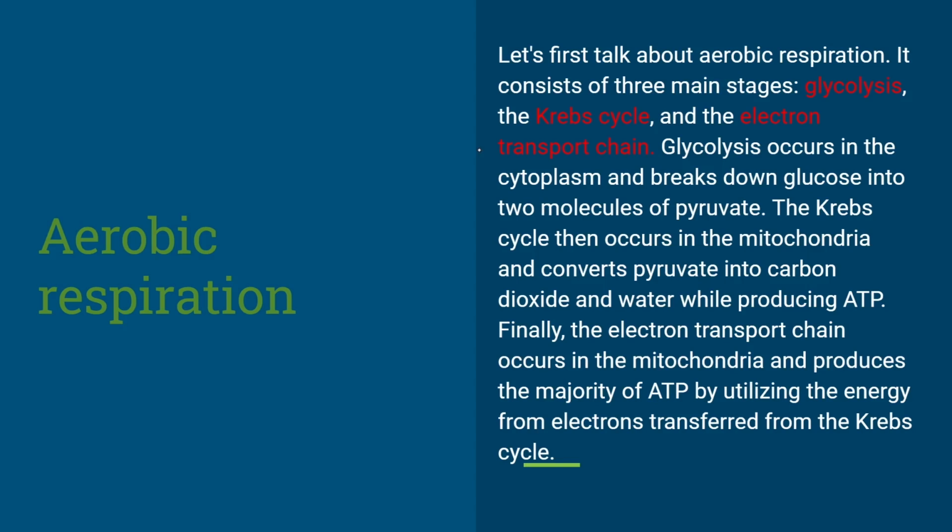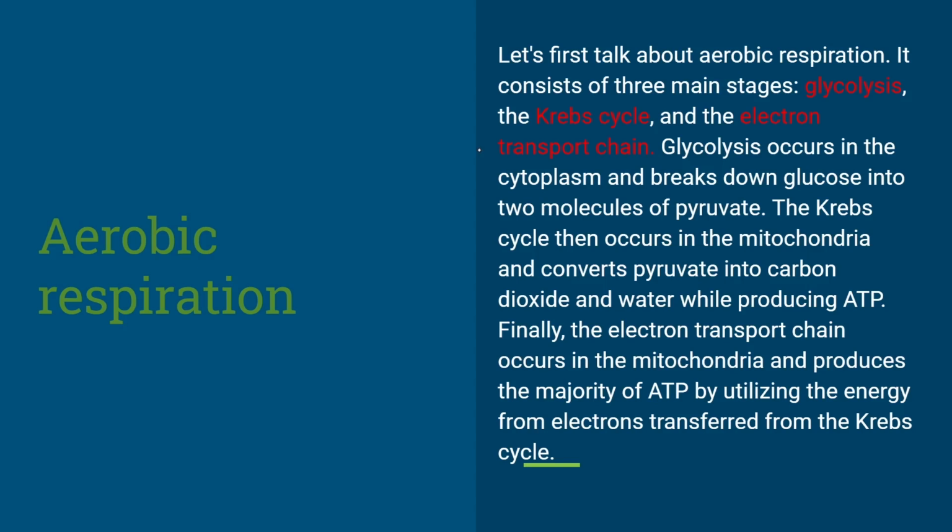Glycolysis occurs in the cytoplasm and breaks down glucose into two molecules of pyruvate. The Krebs cycle then occurs in the mitochondria and converts pyruvate into carbon dioxide and water while producing ATP. Finally, the electron transport chain occurs in the mitochondria and produces a majority of ATP by utilizing the energy from the electron transferred from the Krebs cycle.